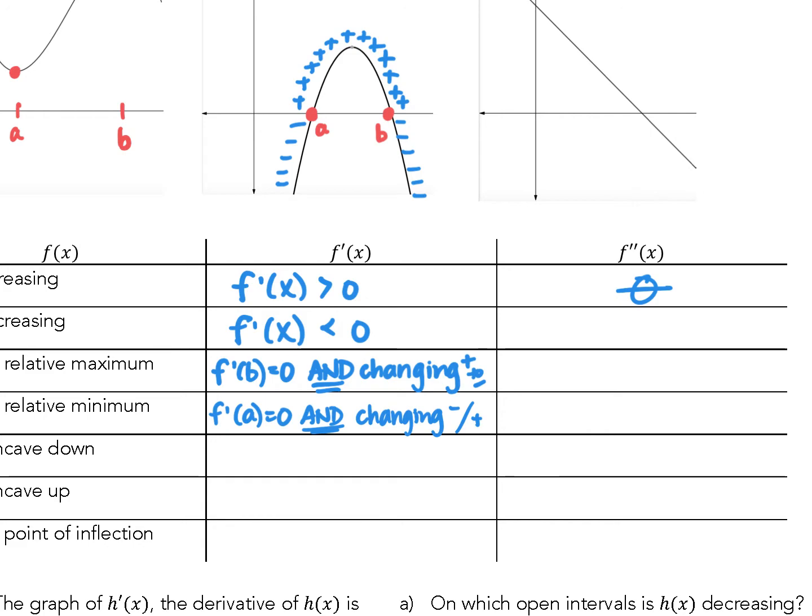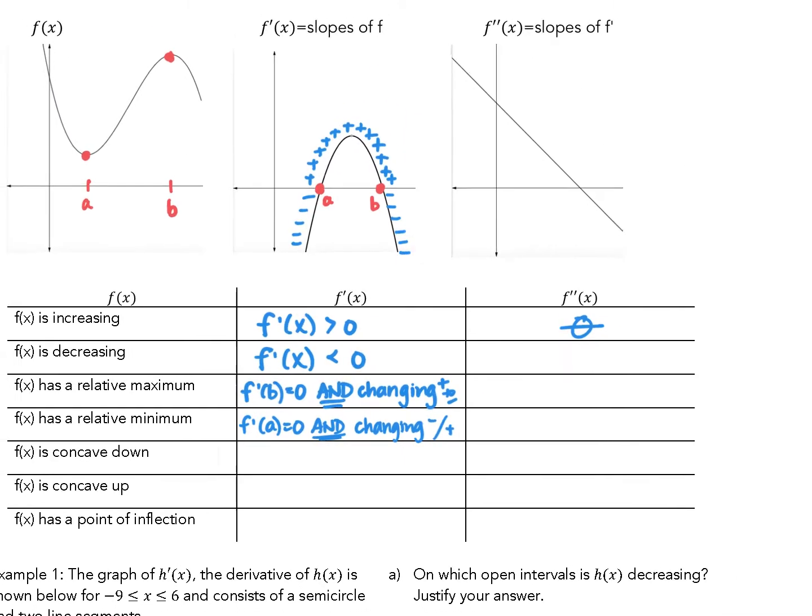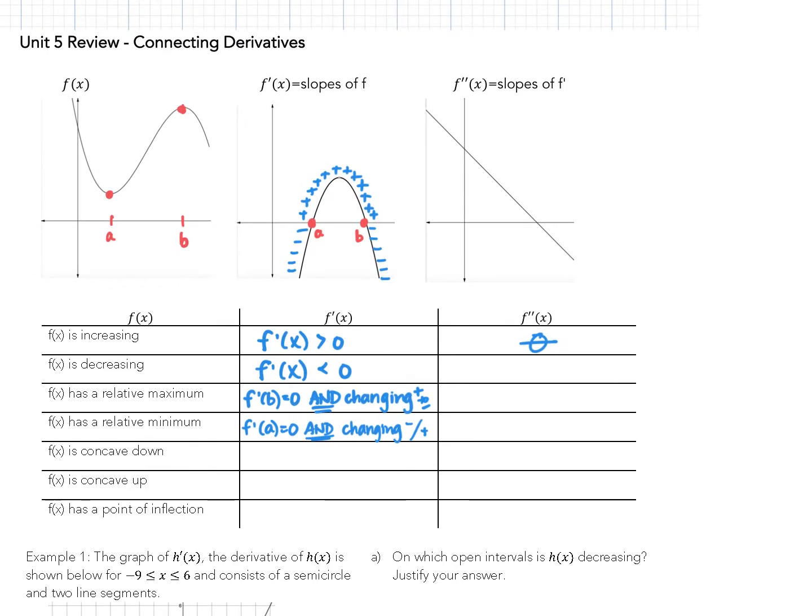However, we can also look at the second derivative and have reasoning from that as well, because of what's happening at these values where the a and the b are. If you figure out where a and b are on your graph of the second derivative, a is about right here, and b is about right here.